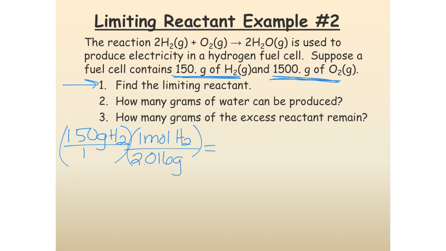And so we've got about 75 moles. But if we want to be exact, we have 74.4 moles of hydrogen that are present. I really like to try to label things as much as possible.